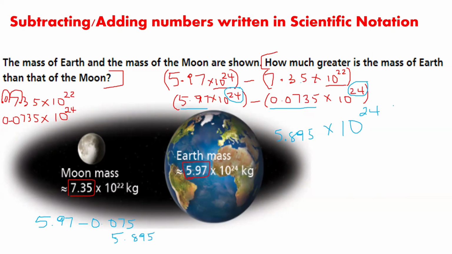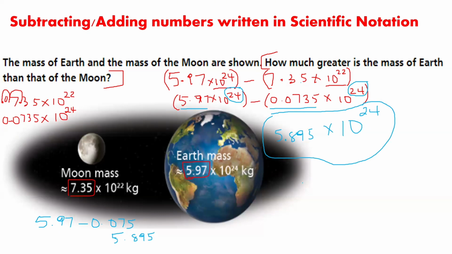This is our solution, right? Our answer is already in scientific notation, so we don't have to do anything else to it, because if you look at our first factor here, it is greater than 1 but less than 10, and it is being multiplied by a power of 10.